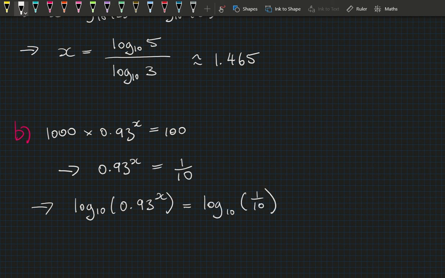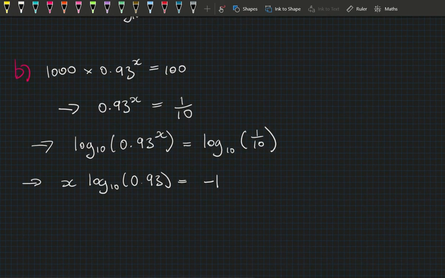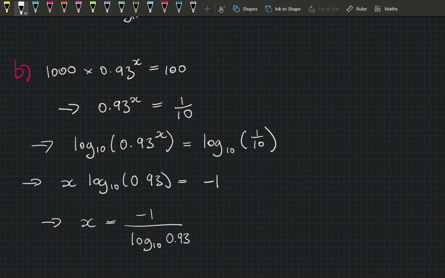Using log law 3, the left hand side is x times log base 10 of 0.93. The right hand side is 10 to the minus 1, and so log base 10 of 10 to the minus 1 is minus 1. So I can divide both sides by log base 10 of 0.93.